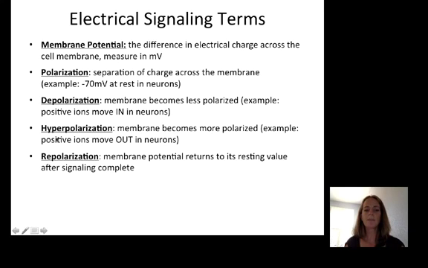This usually happens when positive ions move out of the neurons. Repolarization is also a term that is used during signaling. As a membrane potential goes away from its resting value, repolarization is going back towards a resting value.